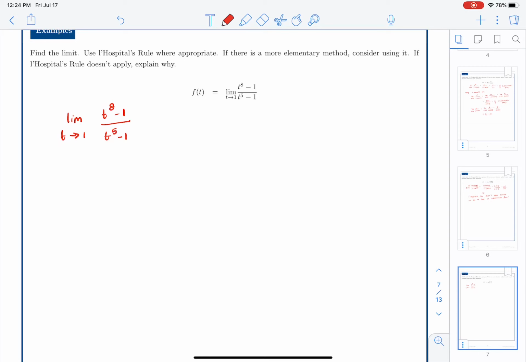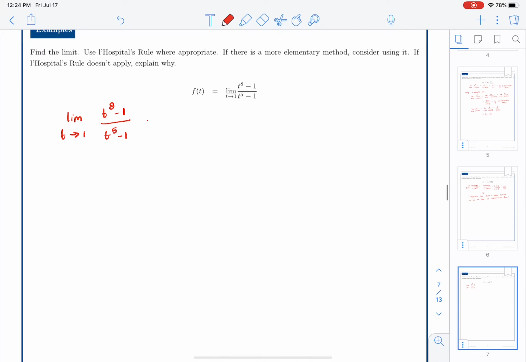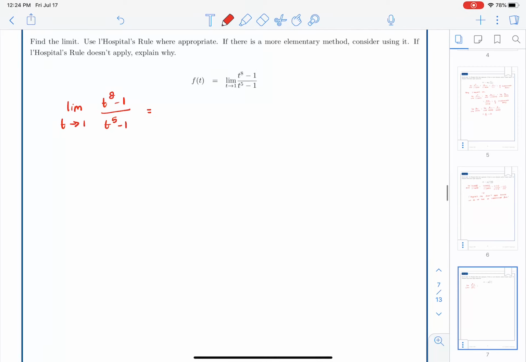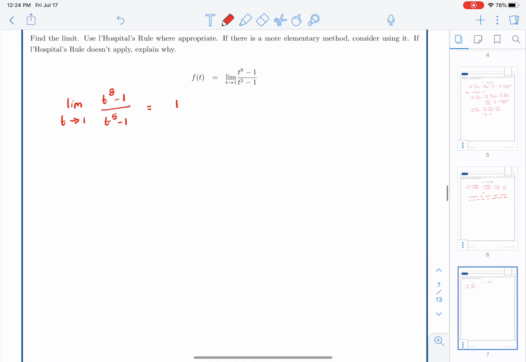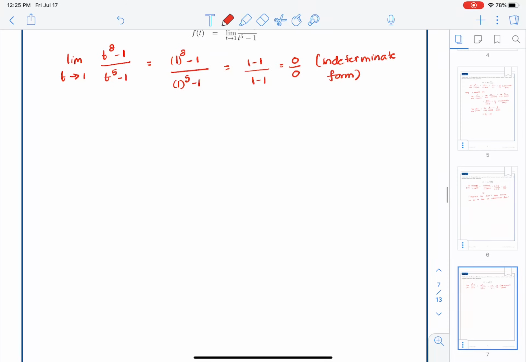So let's see first if it's an indeterminate form. We have 1 raised to 8 minus 1 divided by 1 raised to 5 minus 1. 1 minus 1 over 1 minus 1, 0 over 0. It is an indeterminate form. So we use L'Hopital's rule.